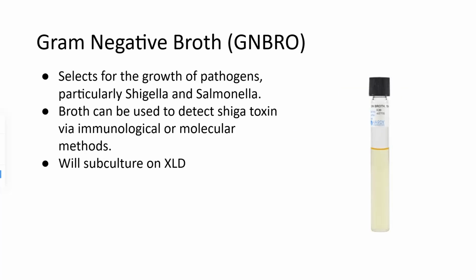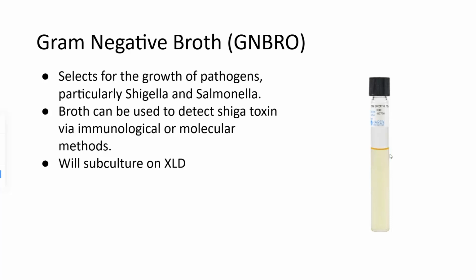Gram-negative broth, or GNBRO. Gram-negative broth is used because it selects for the growth of pathogens, particularly Shigella and Salmonella. Broth can be used to detect the shigatoxin, which is produced by Shigella, via immunological or molecular methods. And then you subculture it on XLD. So you're going to take a swab of stool and you put it directly in here, and then you incubate it.